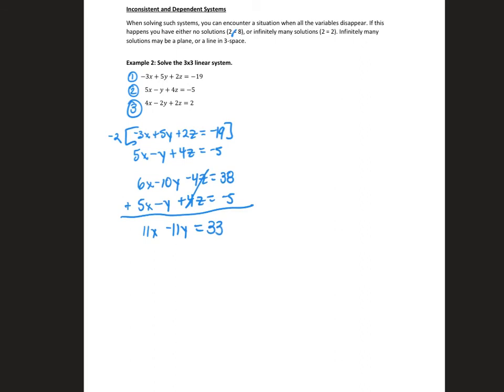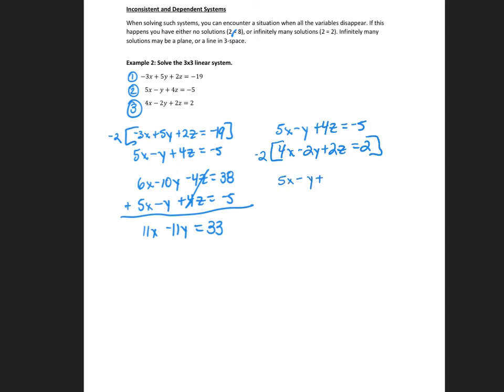And now I'm going to pick 2 other equations. Maybe I'll pick the middle one and the last one. 5x minus y plus 4z equals -5, and 4x minus 2y plus 2z equals 2. And I need to eliminate the same variable, so I need to eliminate z. So I'm going to multiply the bottom equation by -2.